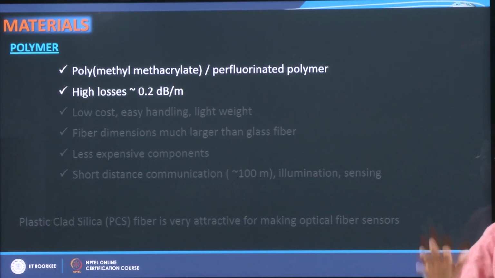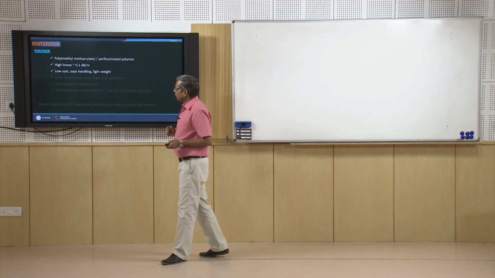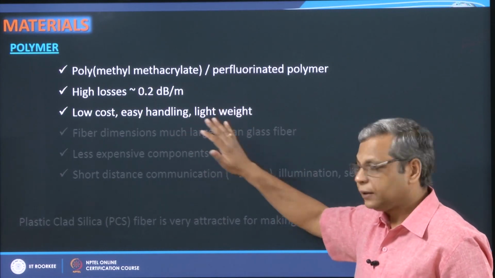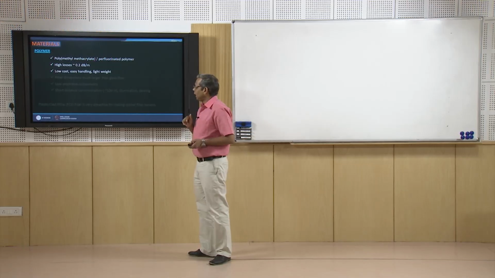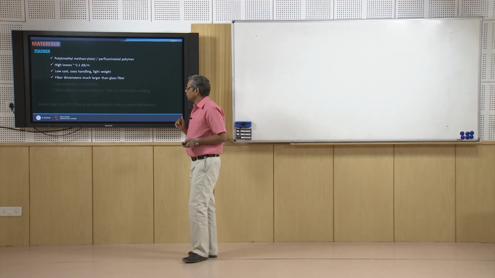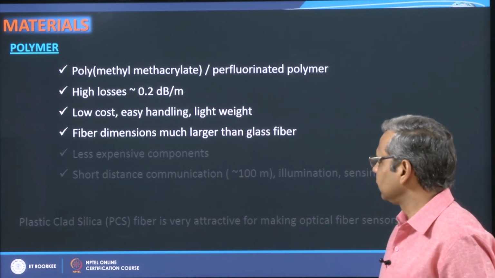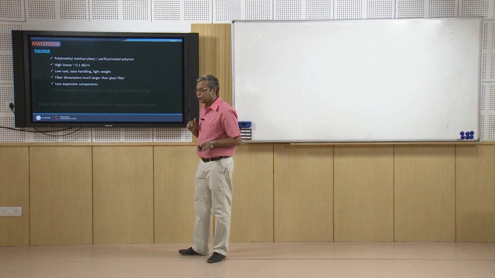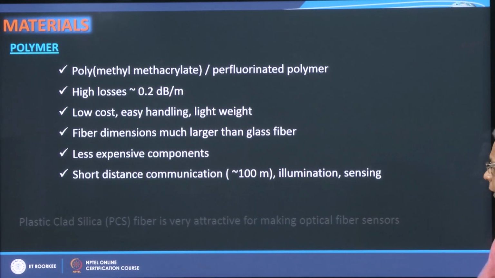So, there is orders of magnitudes difference in the loss, but they are low cost, easy handling and lightweight, and the dimensions of fiber which you make out of polymer are much larger than the glass fibers. They have less expensive components and they are useful for short distance communication.